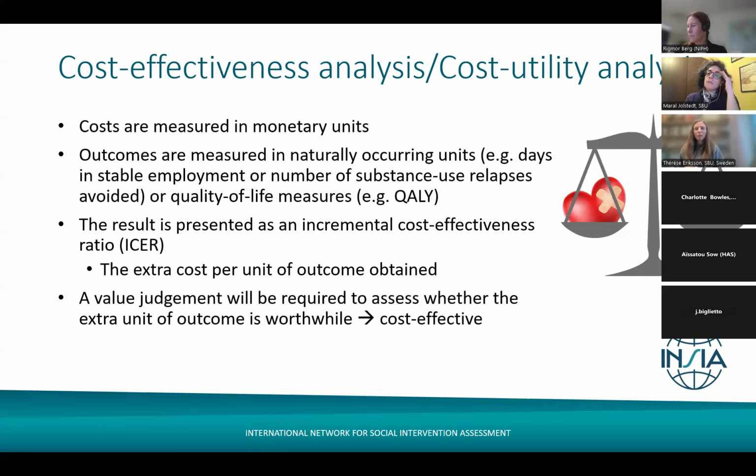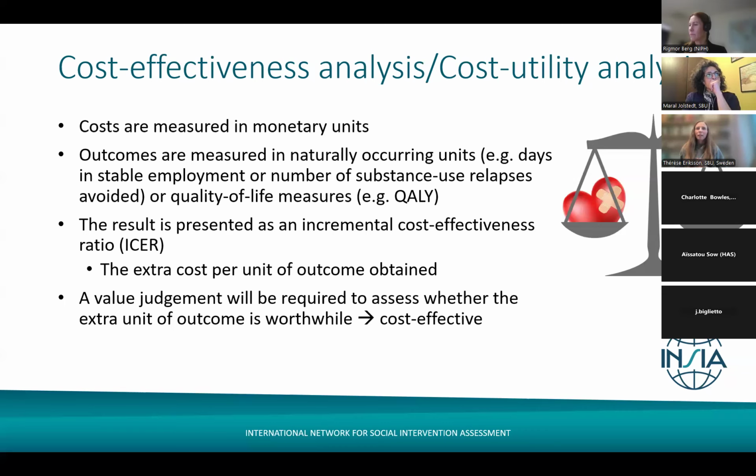The result of the analysis is presented as an incremental cost effectiveness ratio, an ICER, and that is the extra cost per unit of outcome obtained. So what we need to pay extra to obtain one more unit of outcome. In the end, we need a value judgment to assess whether this ICER is considered cost effective or not. Is it worthwhile to pay this extra money to obtain one more unit?